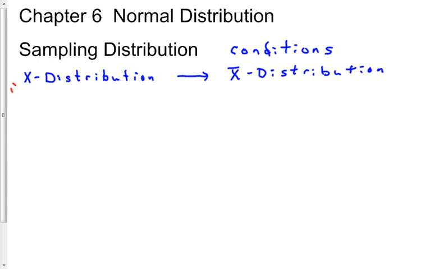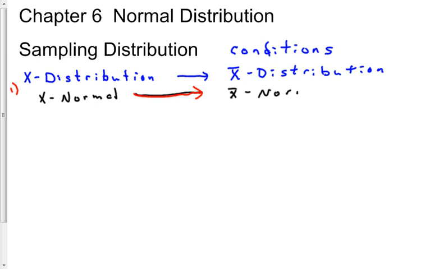The first, if you have an X distribution that is normal, that immediately tells us that the sampling distribution is normal.